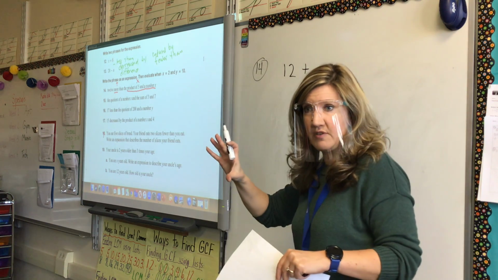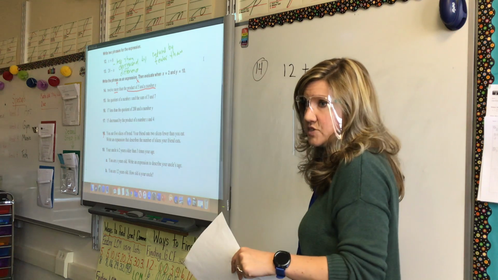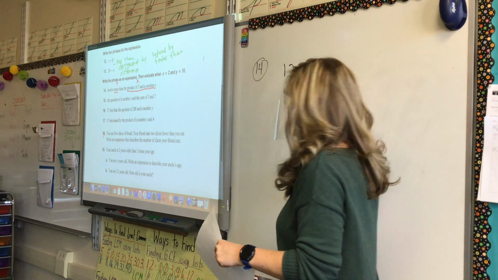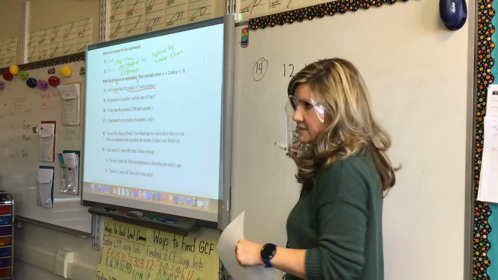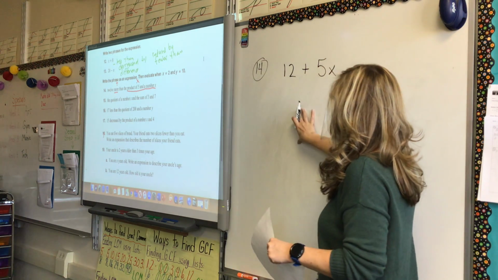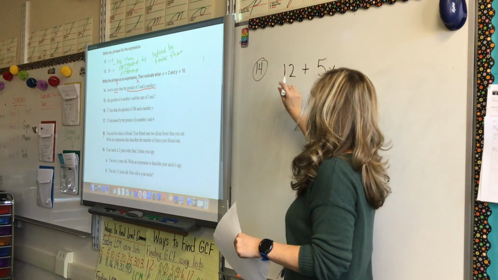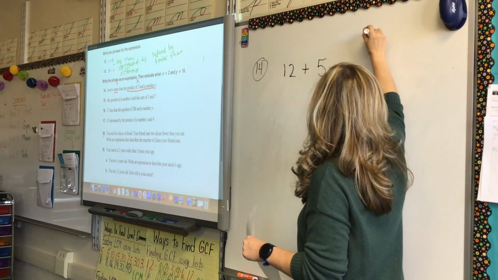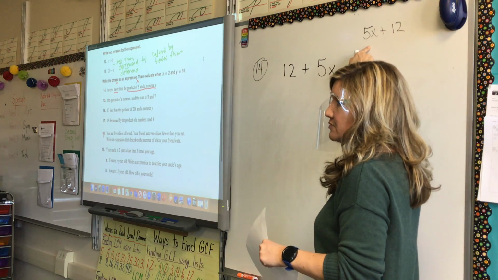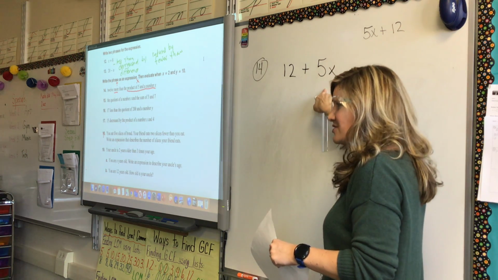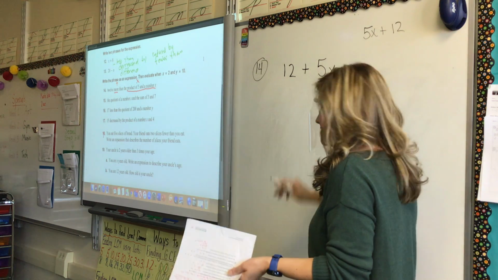How do we write 5 times x? 5 right next to x, 5 dot x, or 5x. Yep, 5 dot x would be acceptable too. Also, if you wrote your problem as 5x plus 12, that would be acceptable too, because it's commutative.